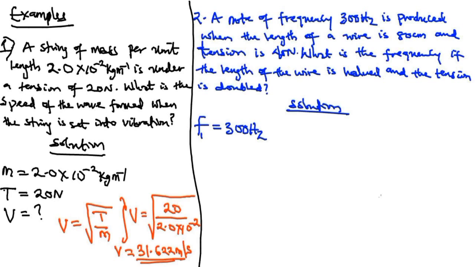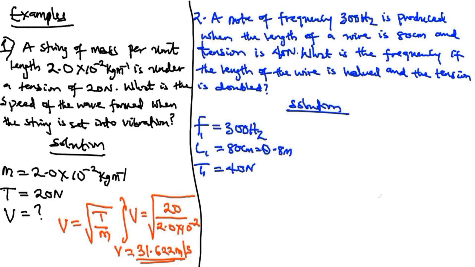And I want to call it length 1. Length 1 is 80 centimeter, and that of course should be 0.8 meters. That is dividing by 100 because you want to move it from centimeter to meter, which is the standard unit. And tension T is equal to 40 Newton, and I want to call that T1.